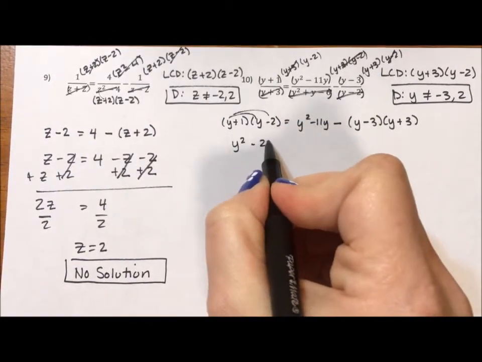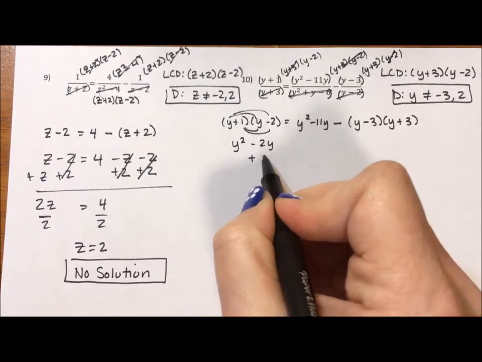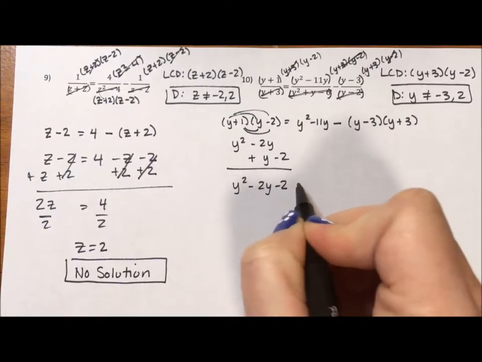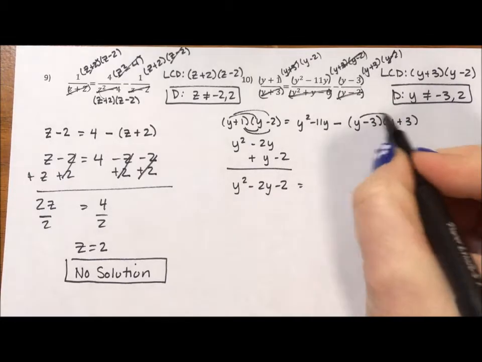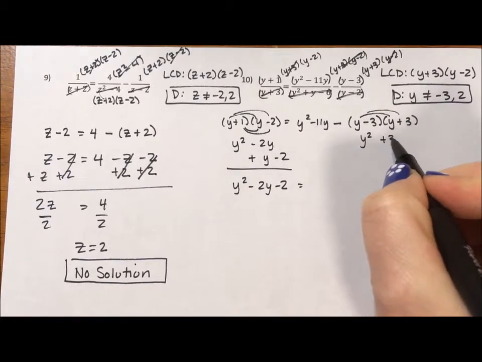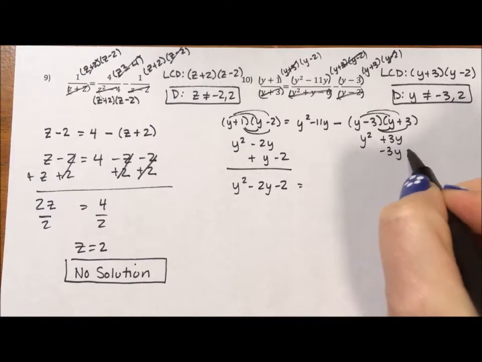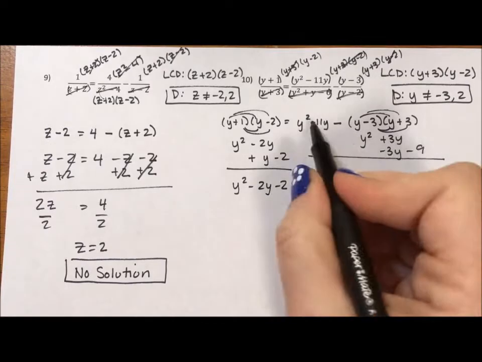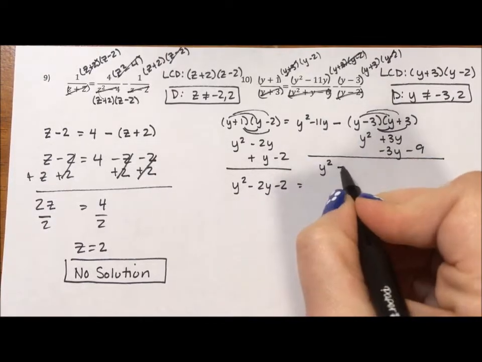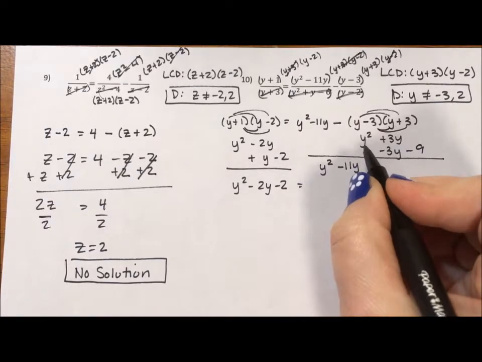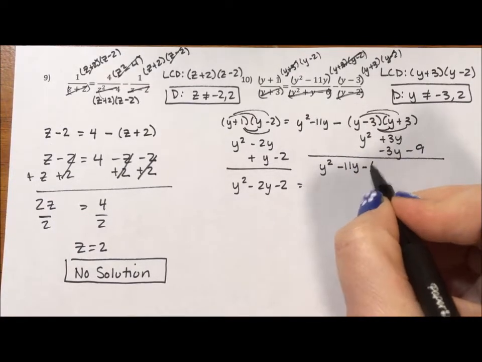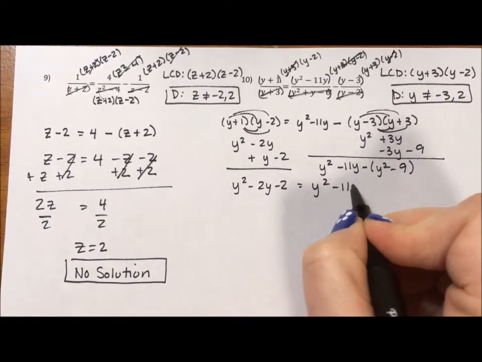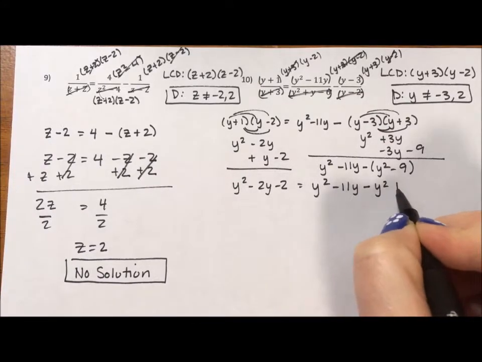Y squared minus 2y plus y minus 2 is y squared minus y minus 2 equals, okay, y squared plus 3y minus 3y minus 9. So what I'm going to end up with is y squared minus 11y minus y squared minus 9, which is going to be y squared minus 11y minus y squared plus 9.